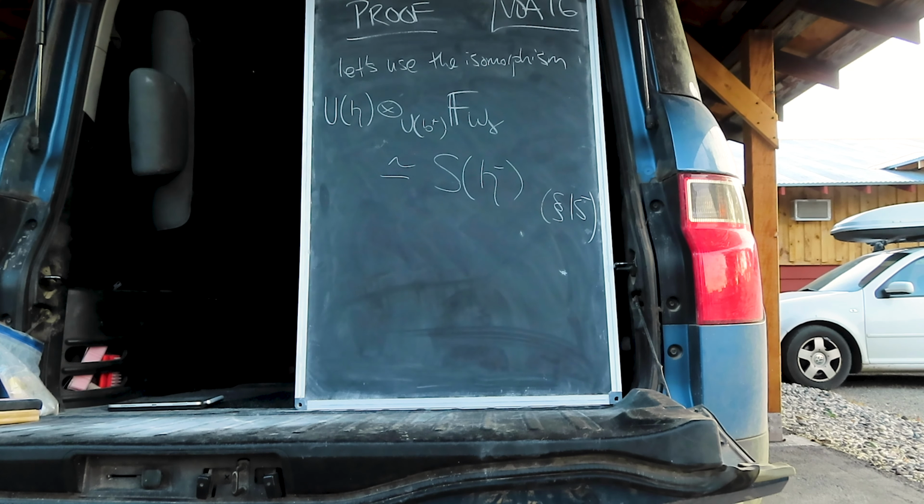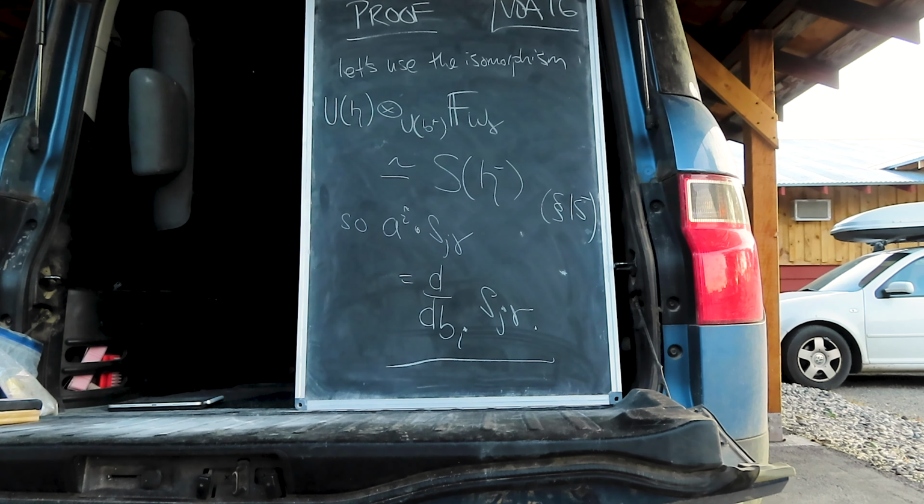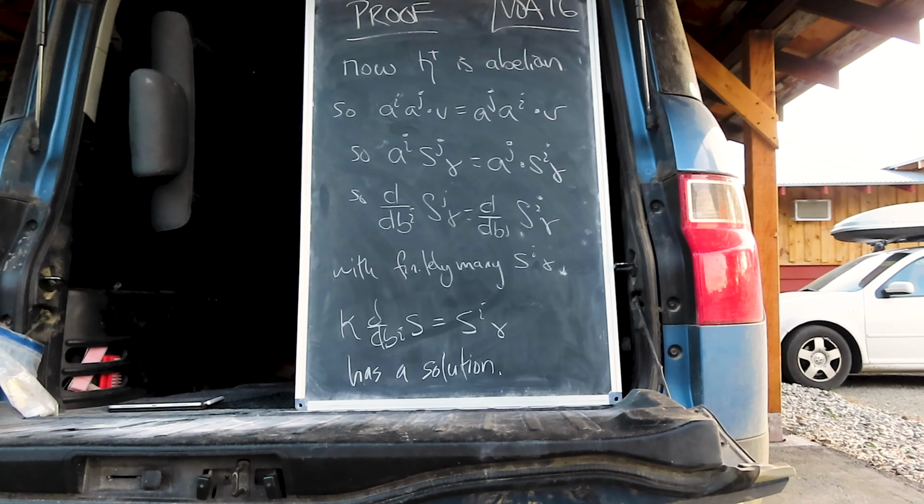Let's take the isomorphism of M of k with the symmetric algebra of H minus, represented by polynomials in the basis vectors that we have been calling b sub j. As discussed last time, in this representation, the basis of operators a_i act as derivatives on the factors b sub i.